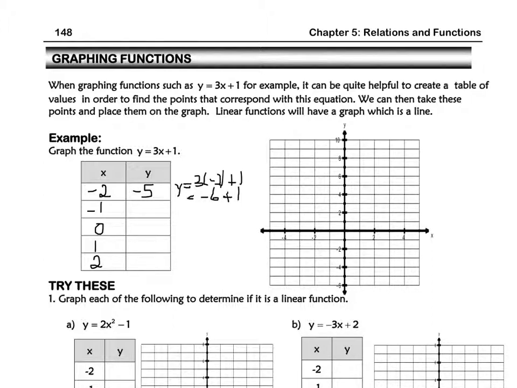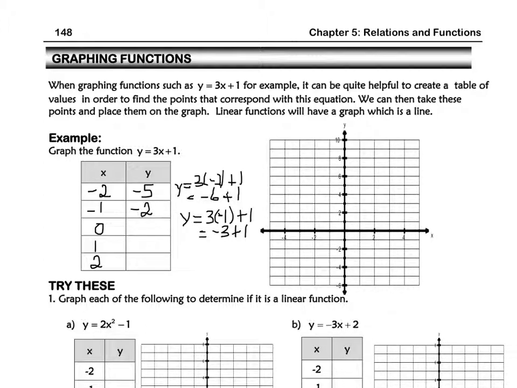And then the second one, y equals 3 times -1 plus 1, so that would be -3 plus 1, which would be -2.